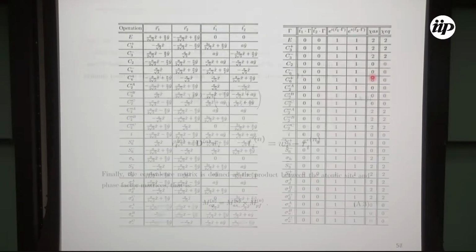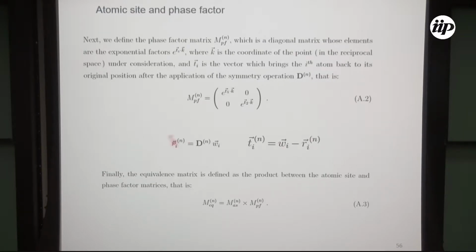But I will come back to this point in a while. The important thing is that the equivalent matrices are the product between the atomic site matrices and the phase factor. So it's not just the atomic site, the phase factor also matters.